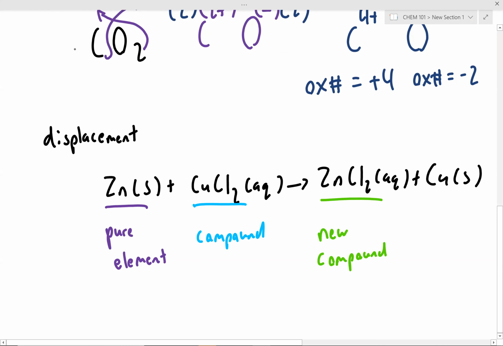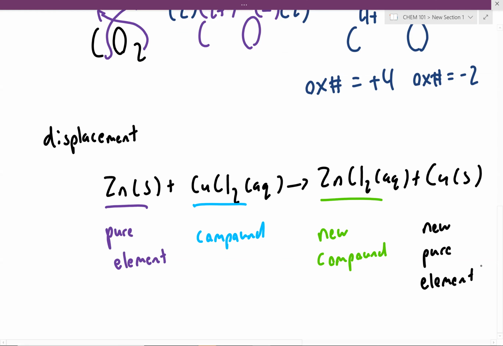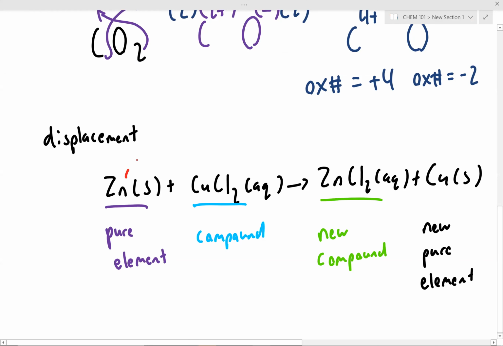Is copper a new pure element? Yeah. And if you look at this reaction really closely, fundamentally, what has happened? Has zinc replaced copper? Has zinc displaced copper? Yeah. So a displacement reaction is a reaction between a pure element and a compound to yield a new compound and a new pure element.